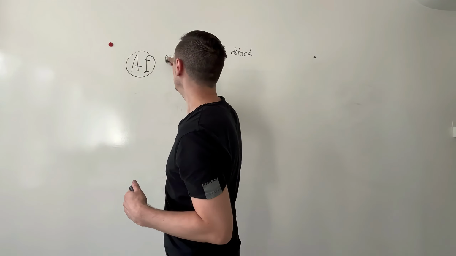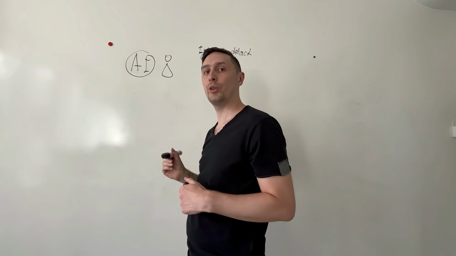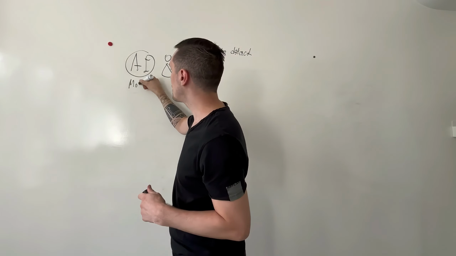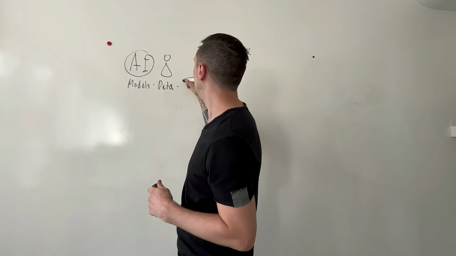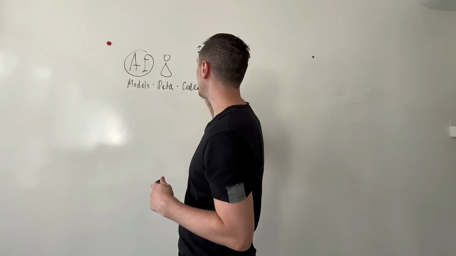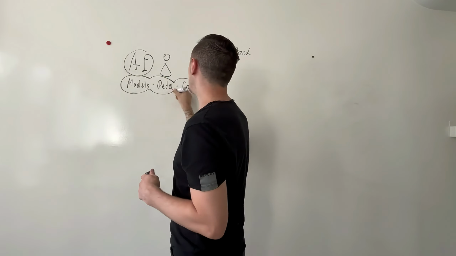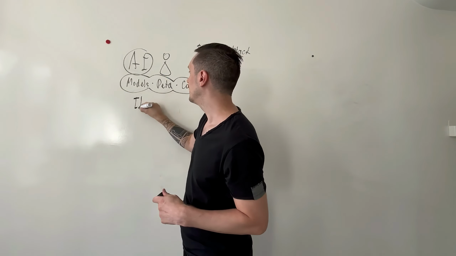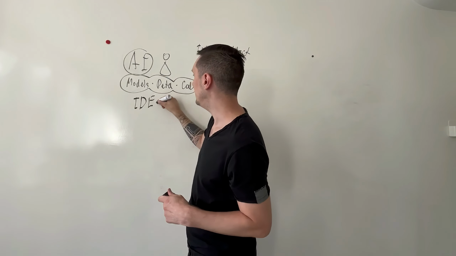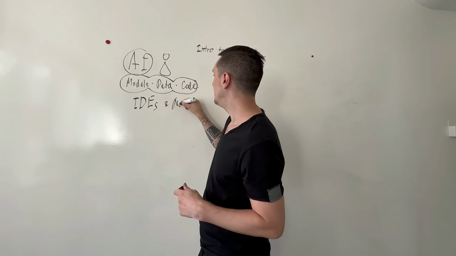As an AI engineer, there are three things you care about, which includes models, data, and code. And in order to work with this, you typically need things like IDEs, notebooks.